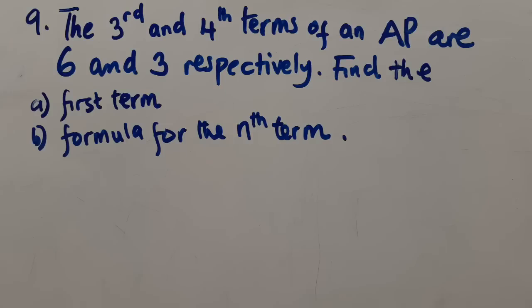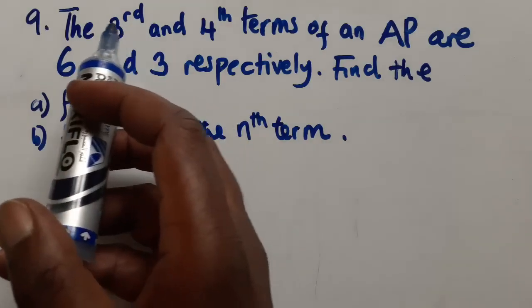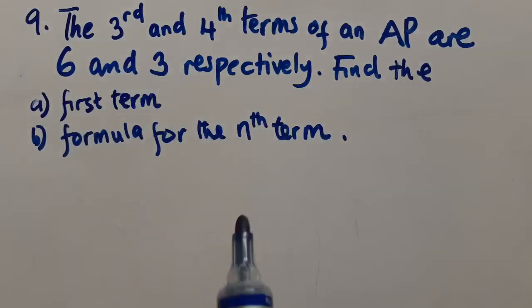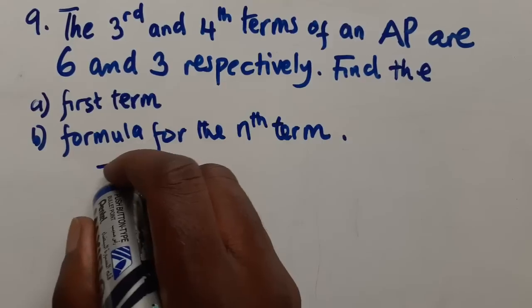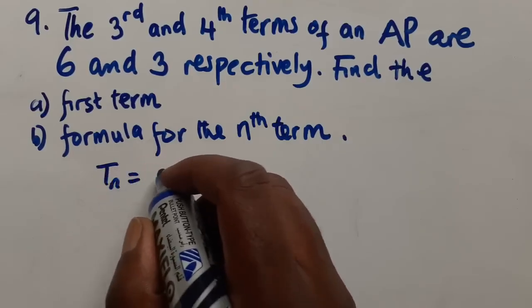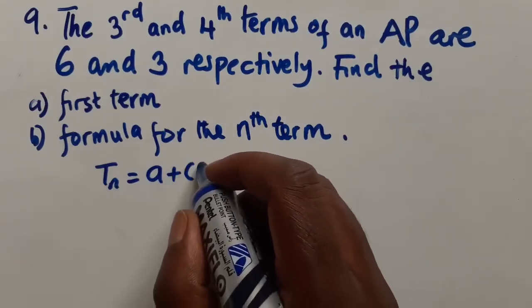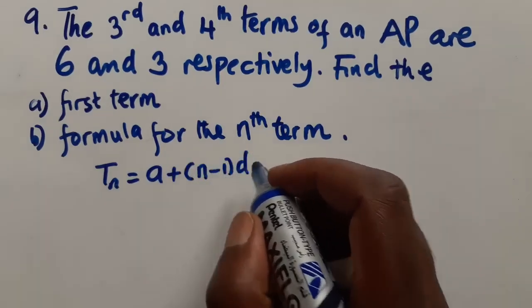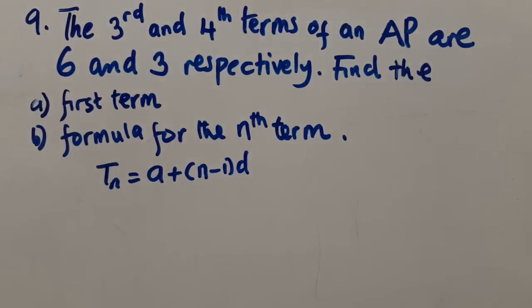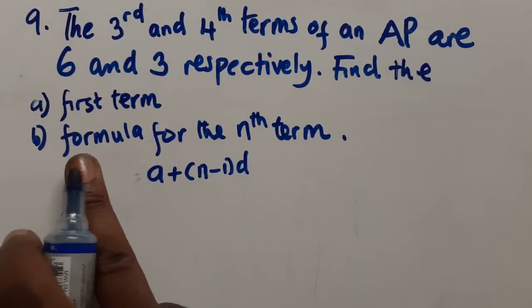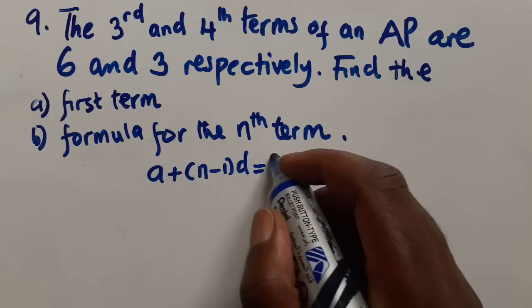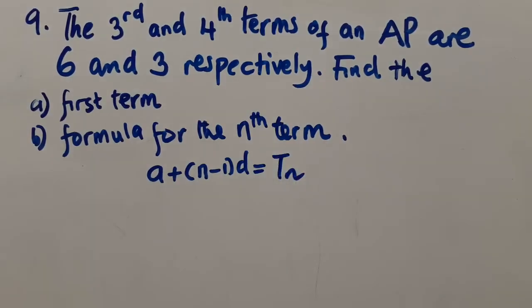So we need to understand these things here. The formula that we use to find the nth term of an AP is this. Take note of that. Or if we want, we can still bring this to the other side.